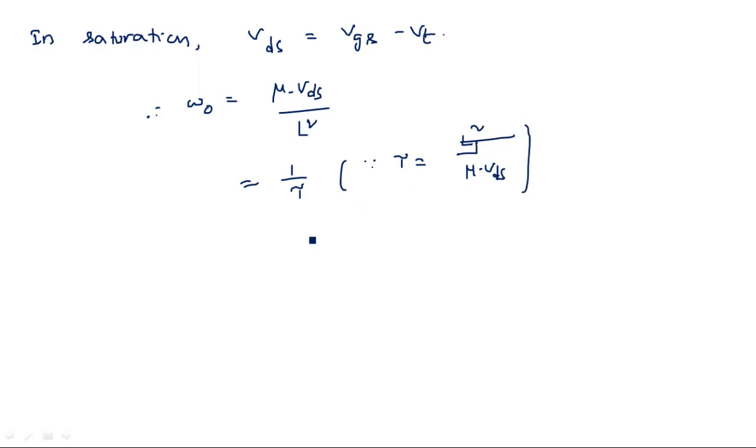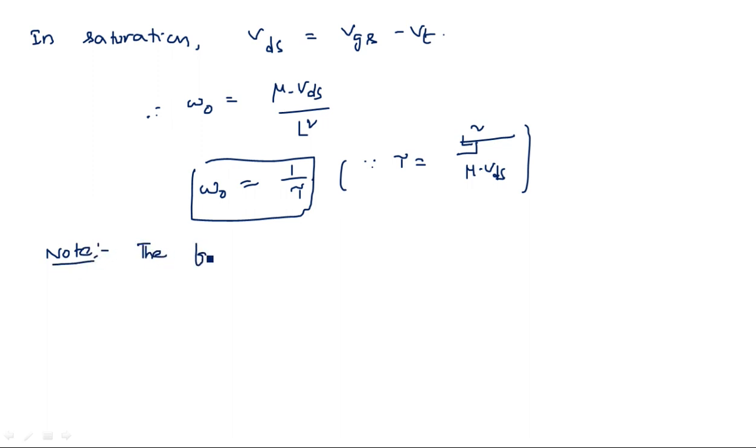So omega naught is inversely proportional to tau, the electron transit time.